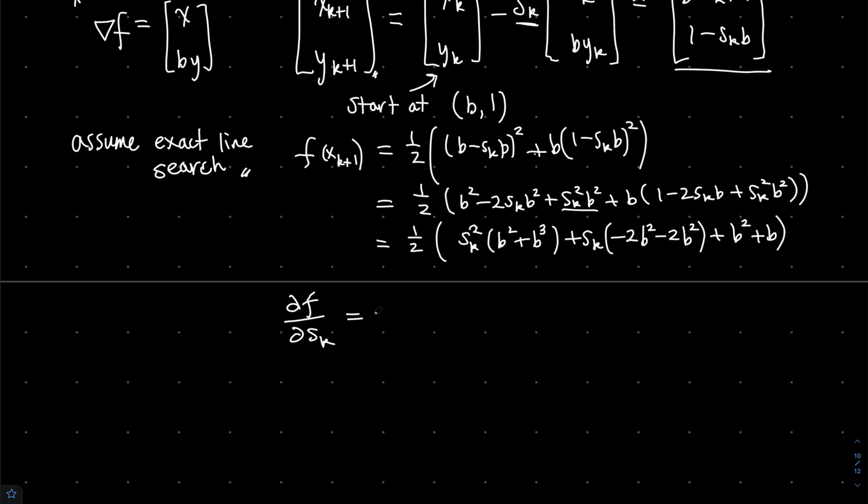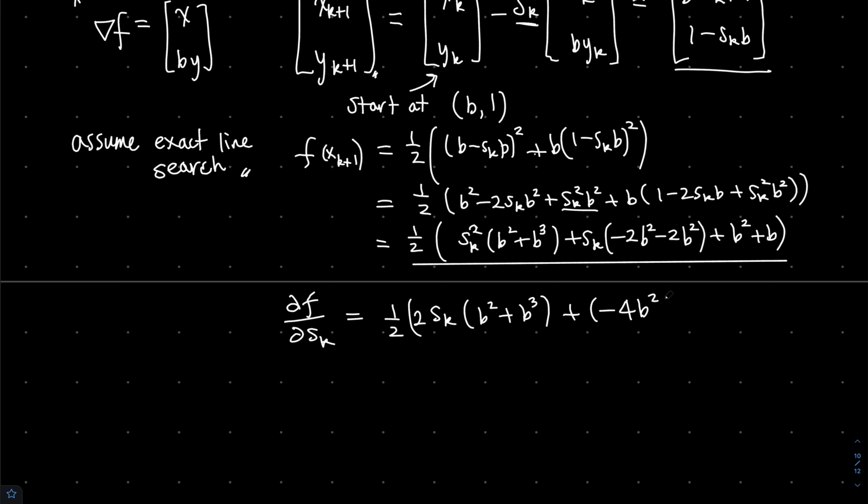What we get is 1/2 times (2 sk b squared plus b cubed) minus 4b squared. That should be 0 for the optimum sk.